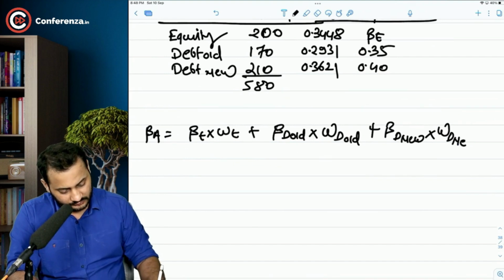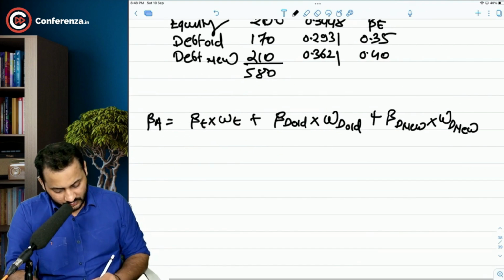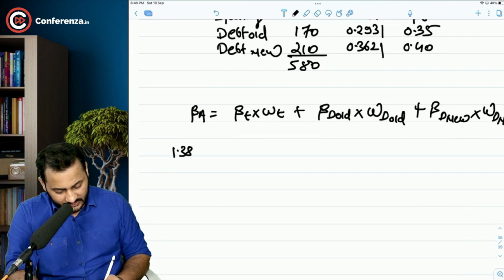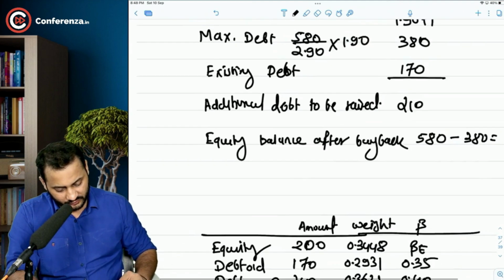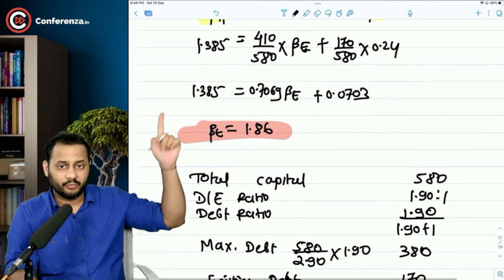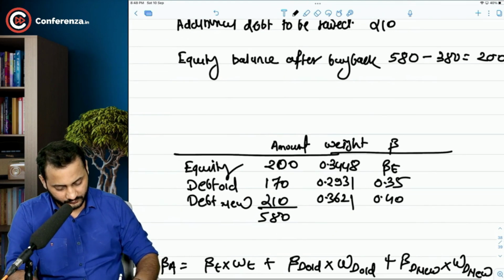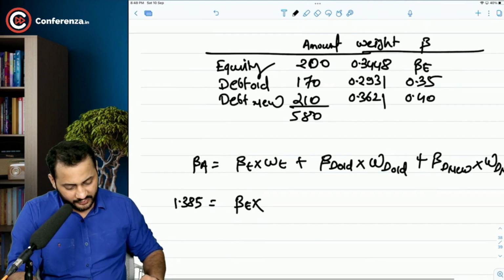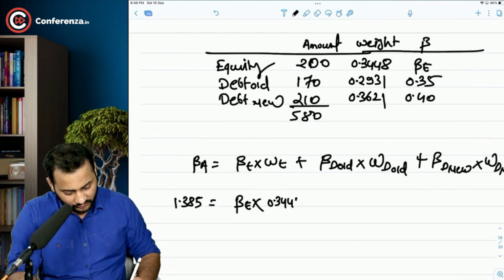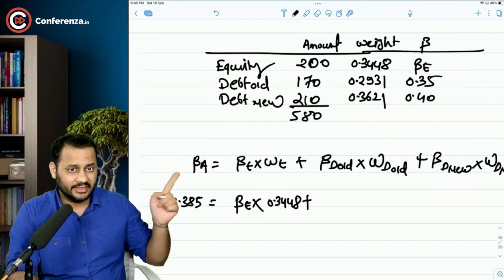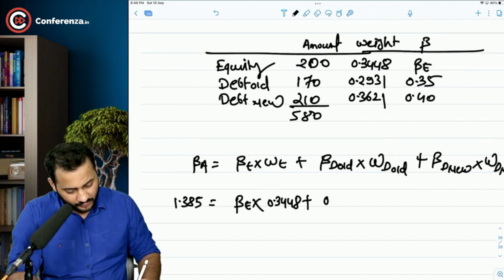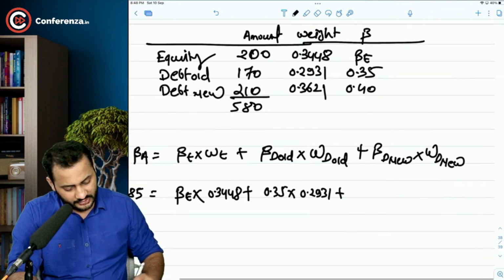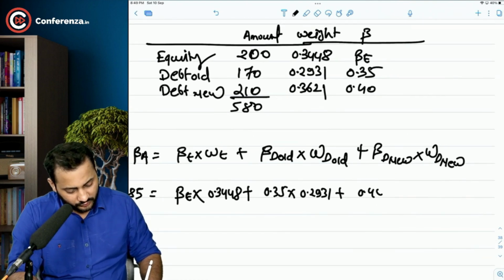This is new. So write down. Asset beta is 1.3875, right? Let's find out from the previous answer. 1.385. Asset beta is 1.385. We have to calculate the equity beta. The weight of equity is 0.3448 plus, what is the debt beta? Old beta is 0.35. Old weight is 0.2931 plus new debt beta is 0.40.